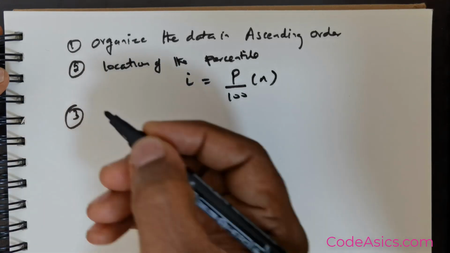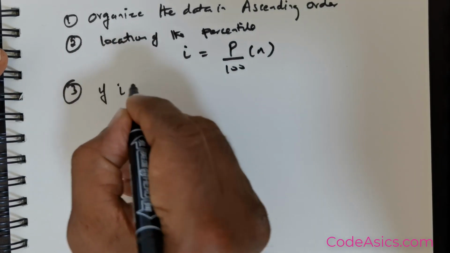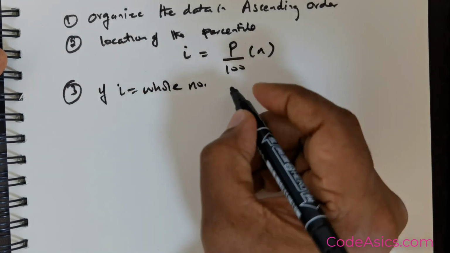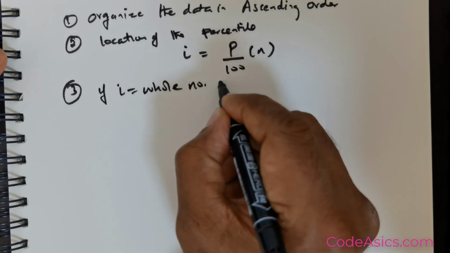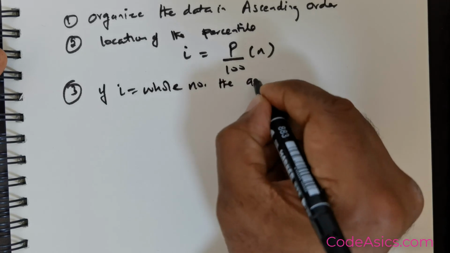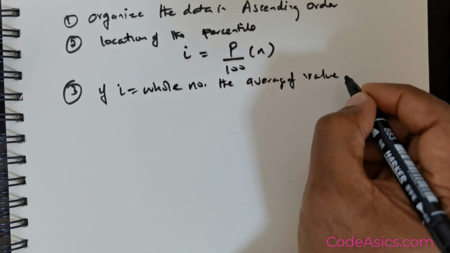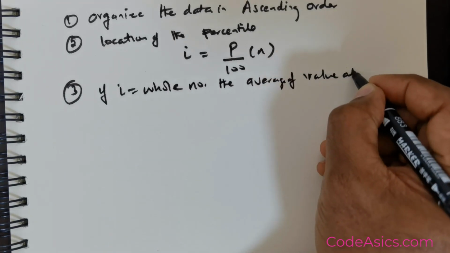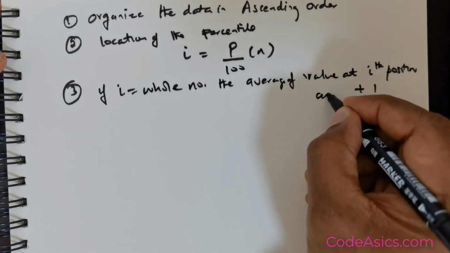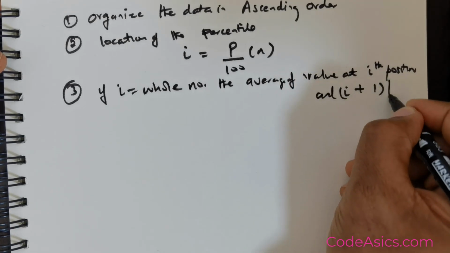Now there are two important things that you will have to know. If you get i to be a whole number, then you will have to take the average of the values that are at the ith position and the i plus 1th position.